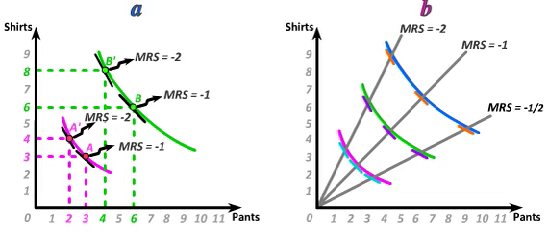And the ray along which the marginal rate of substitution is equal to -2 would contain bundles A prime and B prime from panel A, while the ray along which the marginal rate of substitution is equal to -1 would contain bundles A and B from panel A.